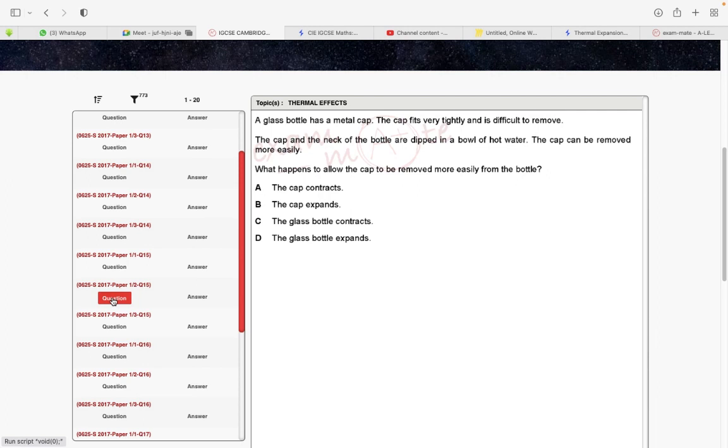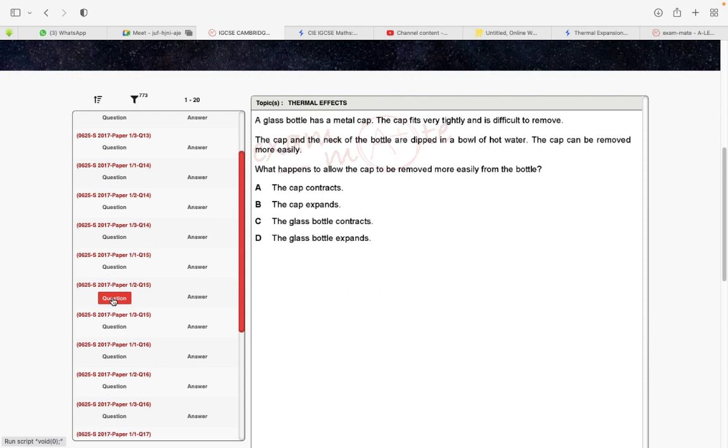B. The cap expands. C. The glass bottle contracts. D. The glass bottle expands. I think it's either B or D. I did a similar theory question, and the answer was the glass expands.